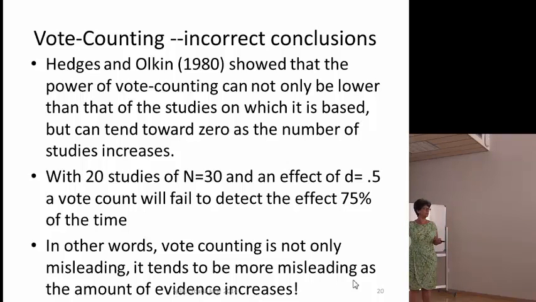It's just science, it's not supposed to work that way. So you get a bunch of studies with relatively small samples, which lead to low power to detect the effect, and the more of them there are, the more likely your vote count is going to reach the wrong conclusion.